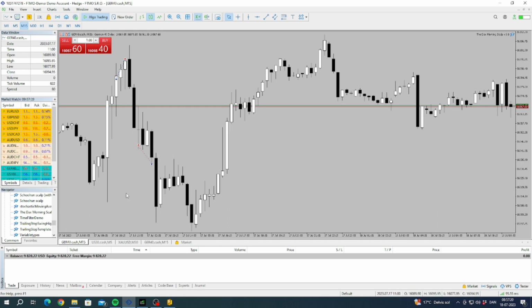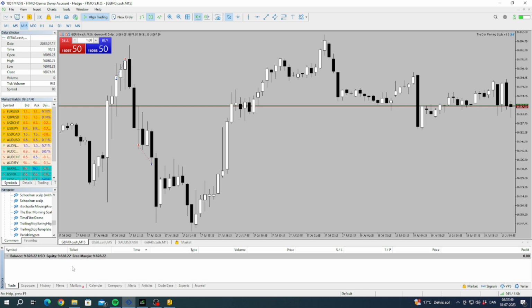And I think I will just quickly show you how you can test the strategy yourself if you downloaded the demo from the MQL5 market. I'll just go over the inputs that you can change yourself and how you can customize the strategy if you want to. So let's just get into it.